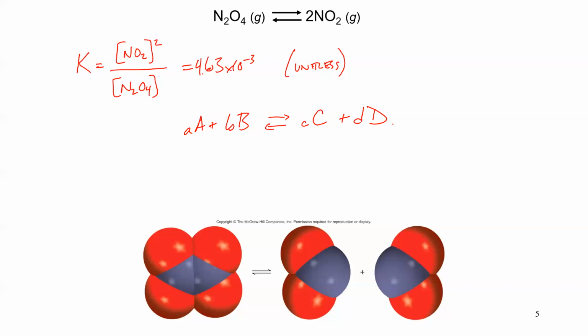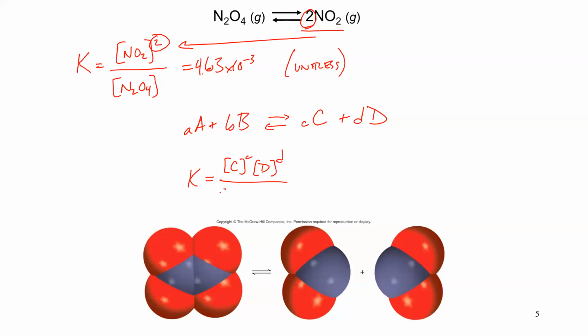Yeah, so if we take a look at the one that worked for our experiment, this is a product on top. And so we're going to do exactly that, C and D on top. So K is C and D. Now, we took this coefficient and we used it as an exponent. And so I'm going to do little c as an exponent and little d as an exponent.